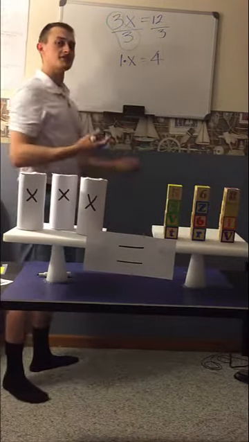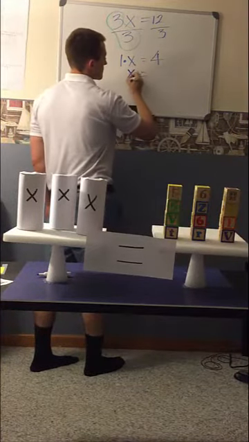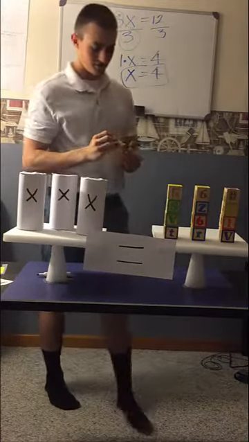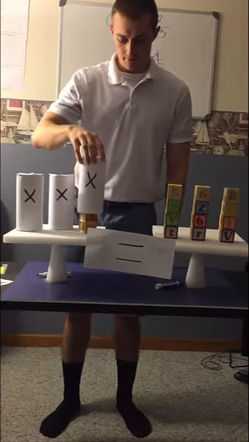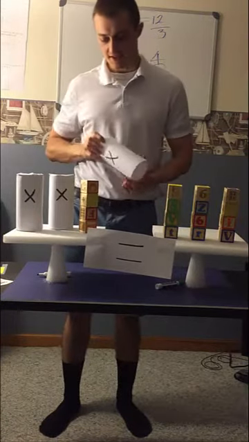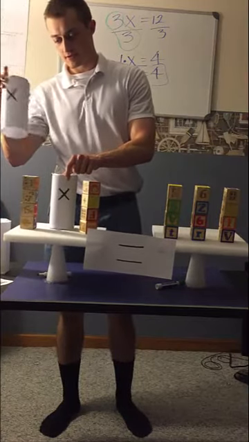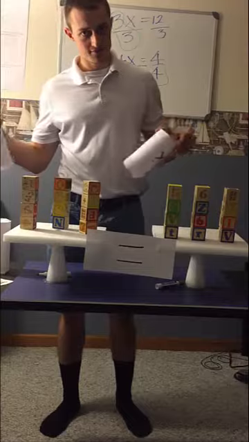And 1 times x is just equal to x, so x equals 4. And let's check if we're right. Indeed, underneath each of these cups, I have 4 blocks. So nice job.